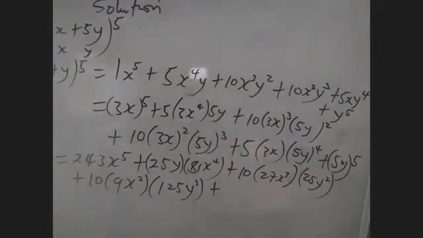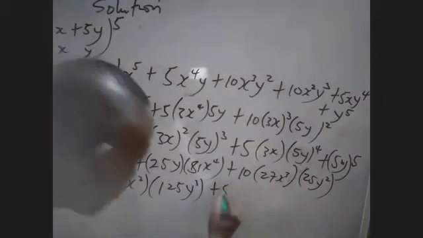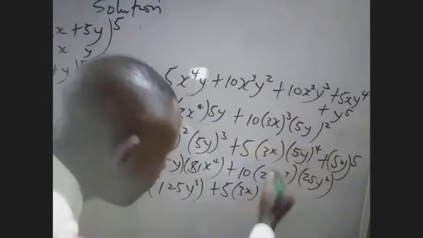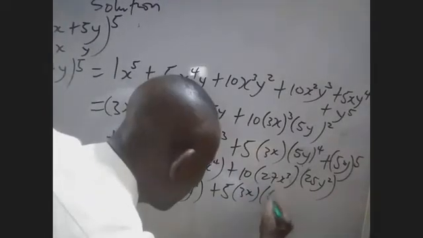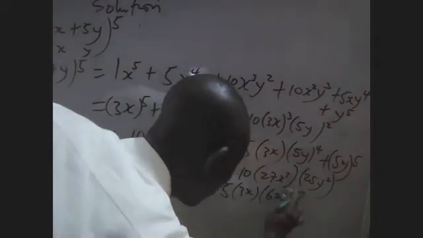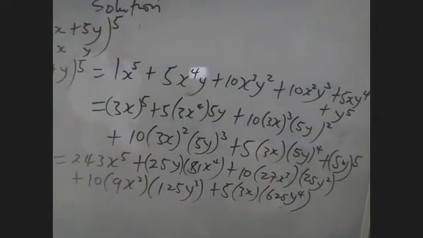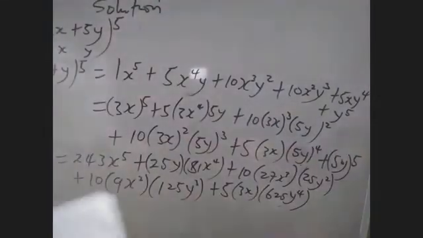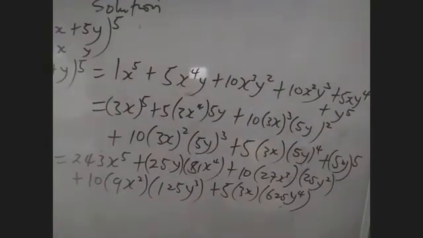That's 25 times 25, which is 625. So you have 5 times 5 into 3s bracket 625 y raised to the power of 4. Then lastly, you have 5 times 5 times 5 into 5 places. That's 625 times 5. That will give us 3,125.